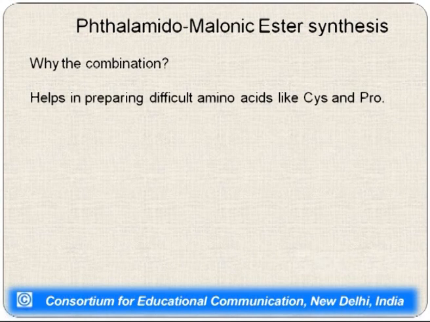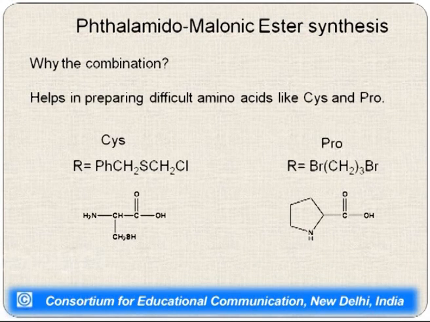The other point is that sometimes it is helpful in preparing difficult amino acids which require a certain number of groups to be introduced, and there is some problem in introducing those in phthalimide synthesis and malonic ester synthesis independently. So, I have taken the example of cysteine and proline. Cysteine's R group is CH2SH, and proline is the only amino acid which is a secondary amine, or we sometimes call it an imino acid.